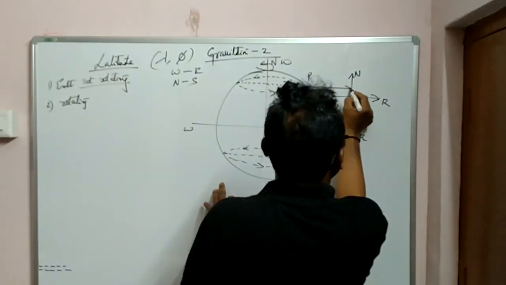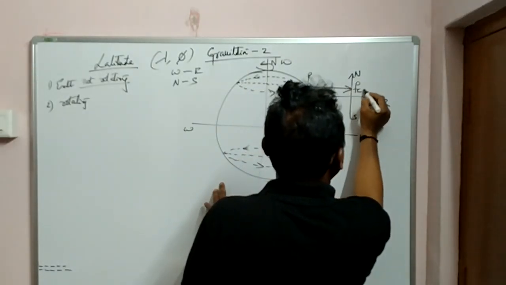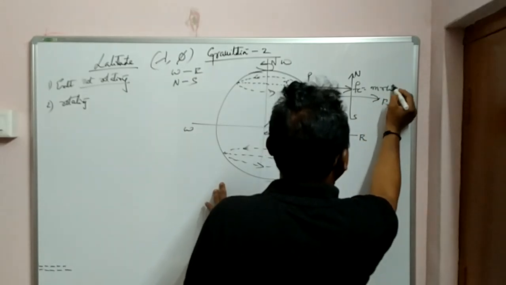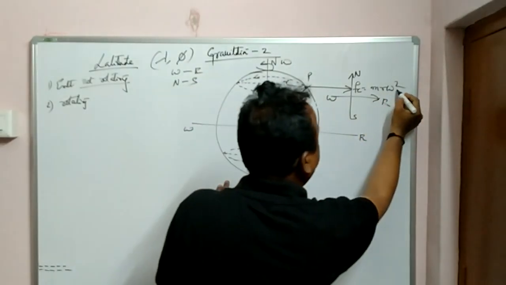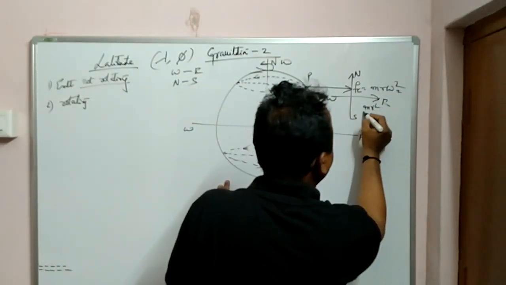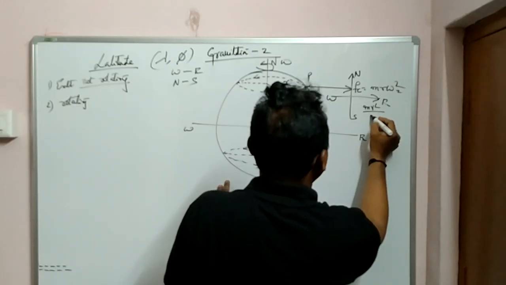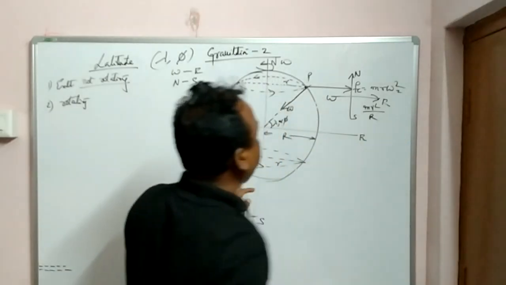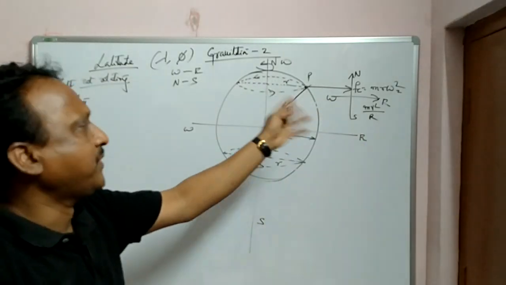This is the centrifugal force, Fc, which is equal to m r omega square, or in terms of linear velocity, m v square by r.